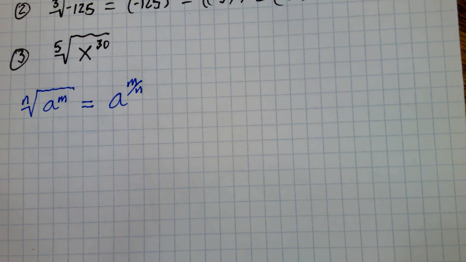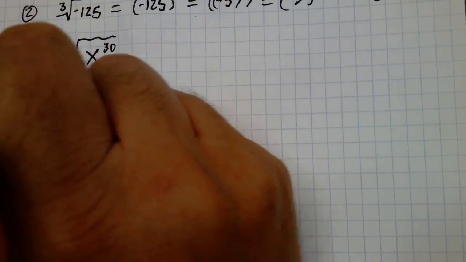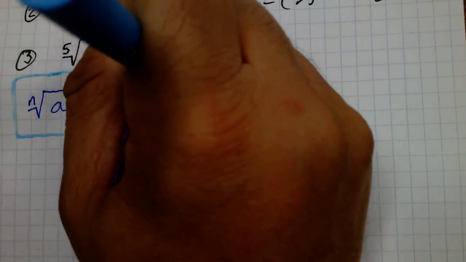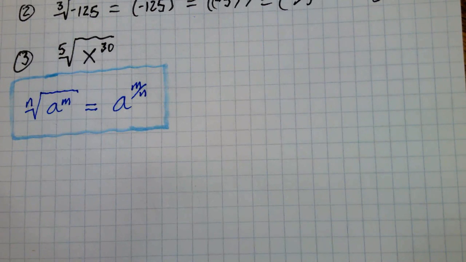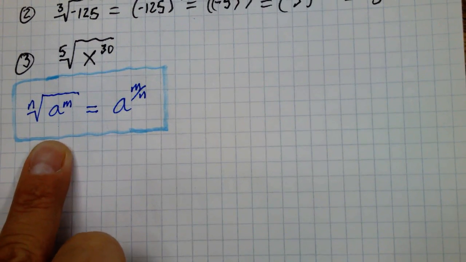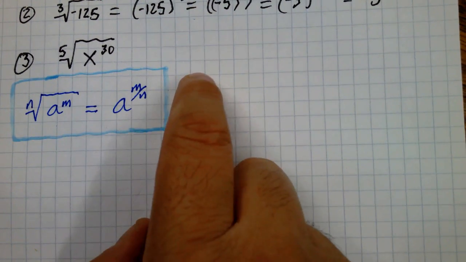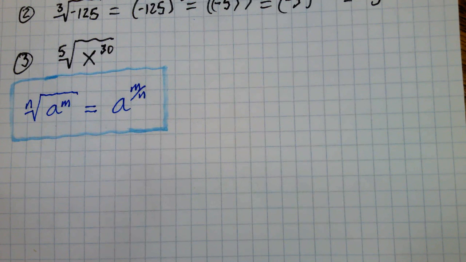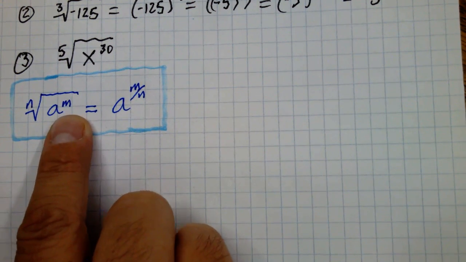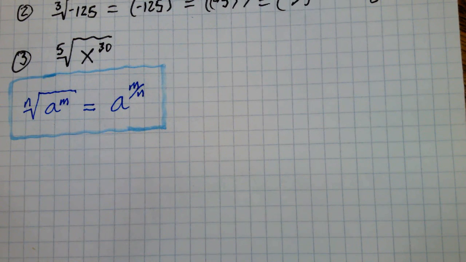And that's another one of those important ones we want to box, because it will be coming up quite a bit. So we have the nth root of a to the m. Another way to write that is a to the m/n. Basically make it into a fraction. The numerator of the fraction is the power of the base, and the denominator is the root.